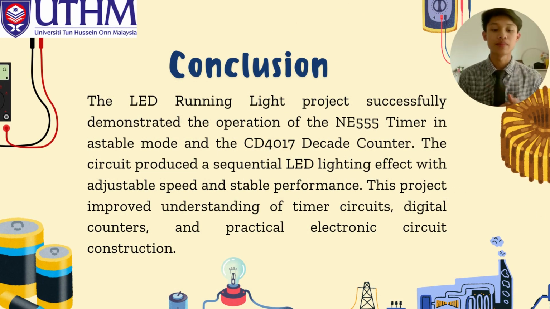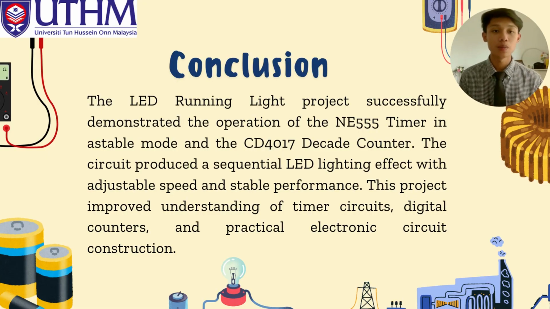In conclusion, the LED running light project was successfully designed, simulated, and implemented. The objectives of the project were achieved by using a 555 timer to generate clock pulses and the CD4017 decade counter to control the LEDs in a sequential pattern.